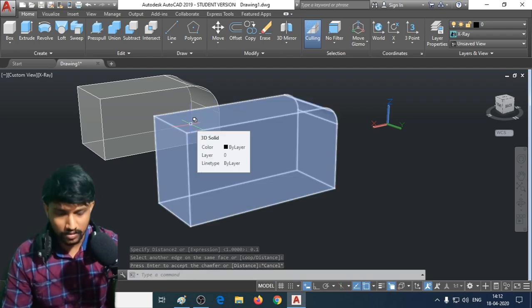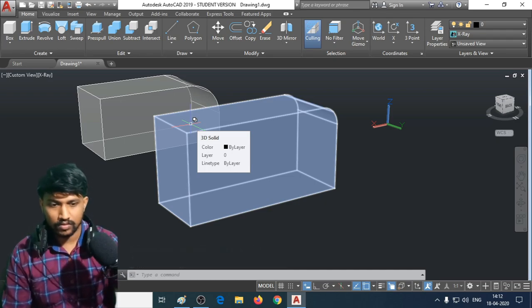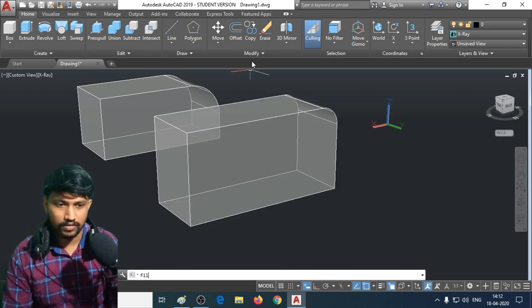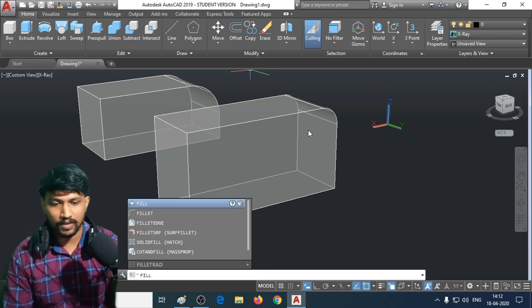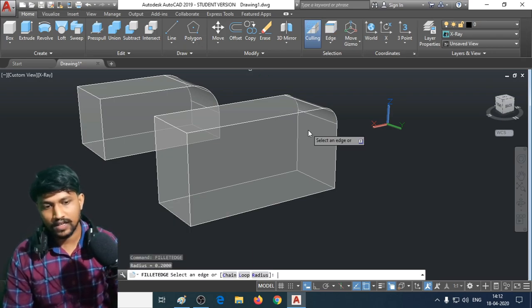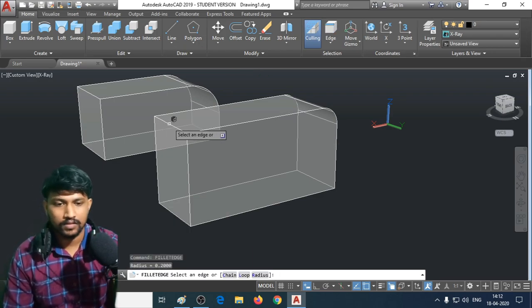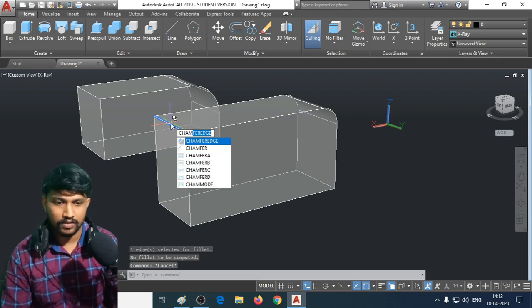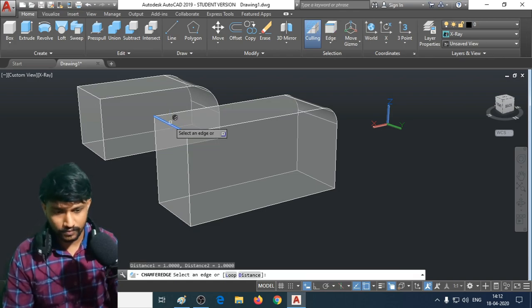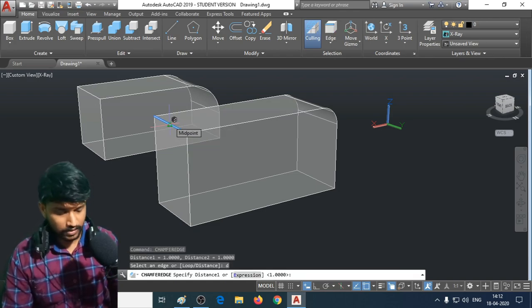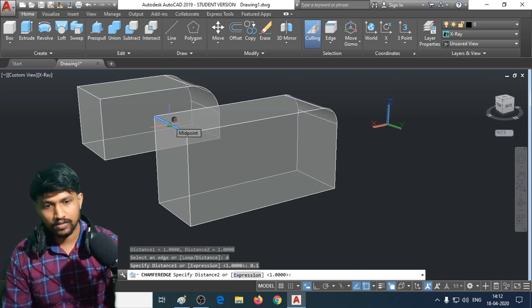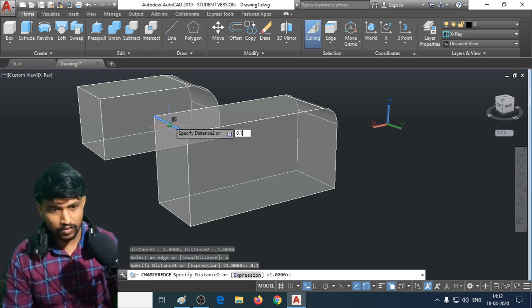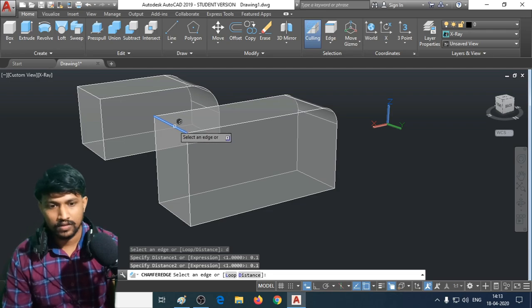I told you guys already. So go to fillet. If you want to call it using the command bar, go to the fillet edge option and then give chamfer. Sorry for that. Chamfer edge. Take a distance of 0.1. Distance 2 also should be 0.1.